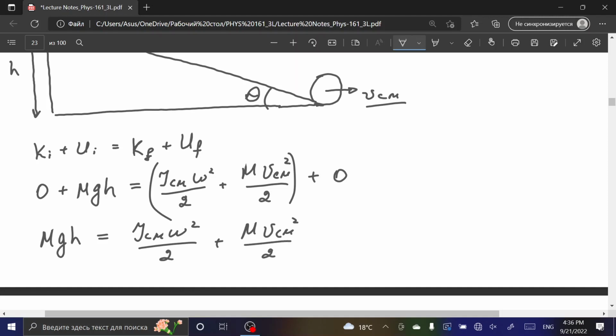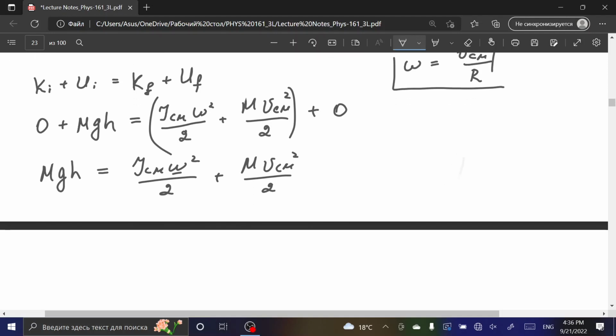In this equation, we have omega square, so we need to represent it in terms of v center of mass. So omega is equal to v center of mass over radius. So we keep this in mind.